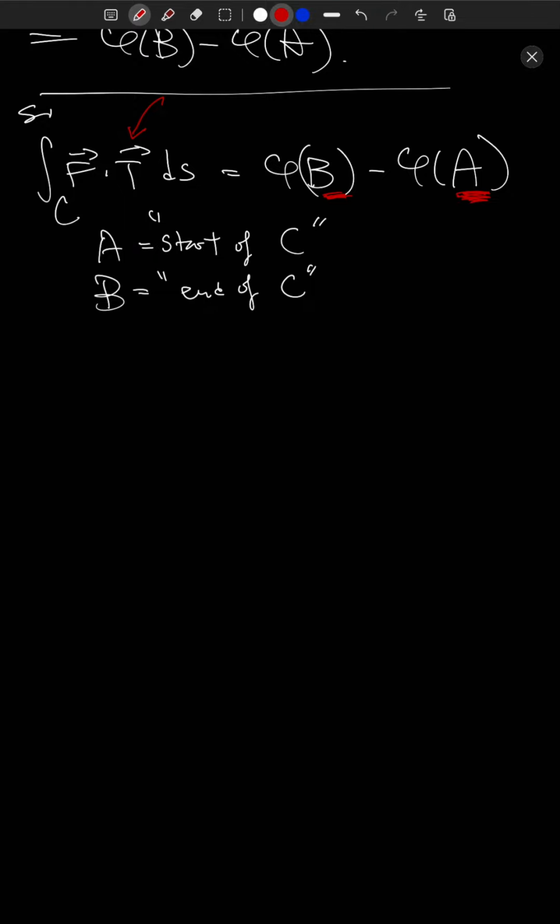Okay, so why is this called the fundamental theorem of line integrals? Well, we use the fundamental theorem of calculus, so that kind of makes sense. But another way to understand this is instead of writing F dot T ds, I can write this as gradient φ dot T ds on the left-hand side, and then the same thing on the right-hand side.